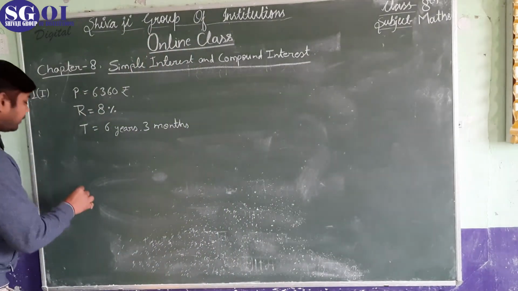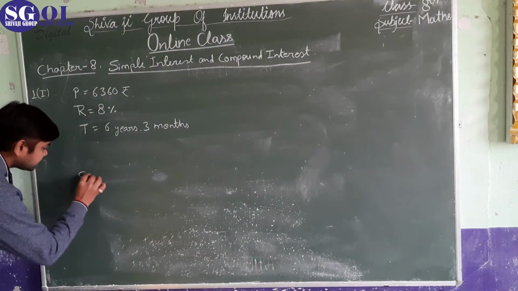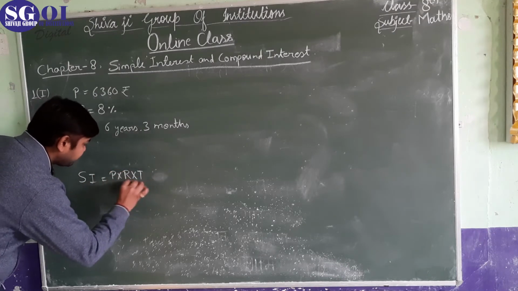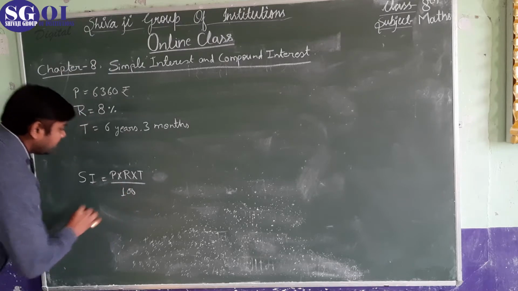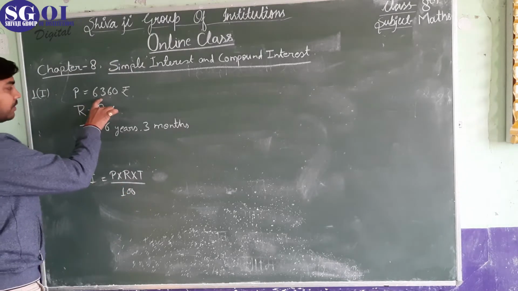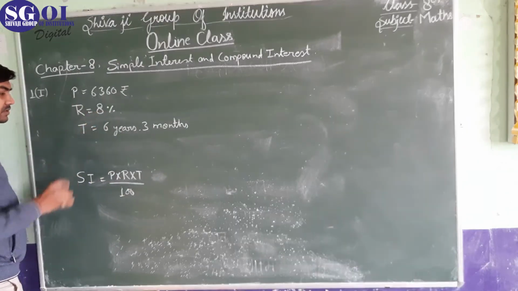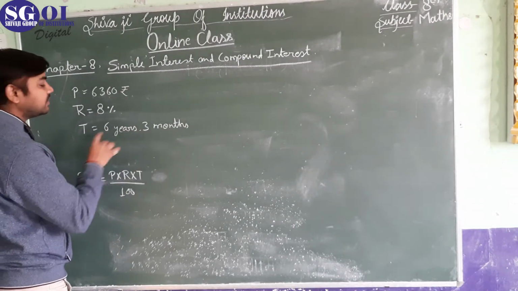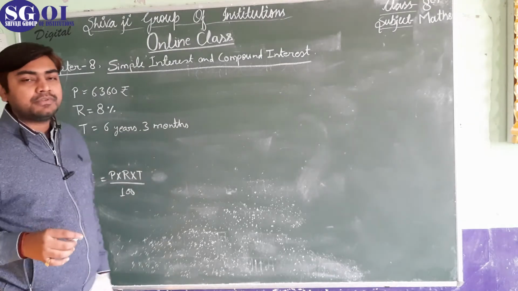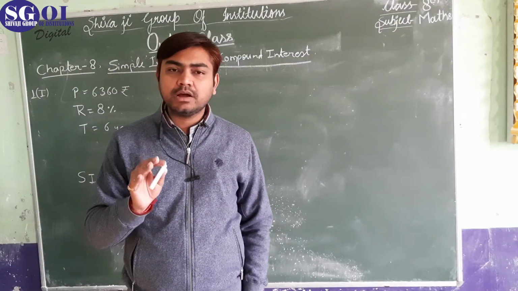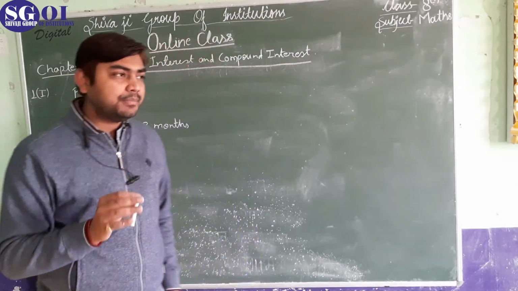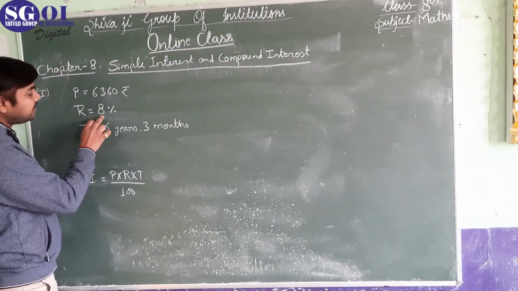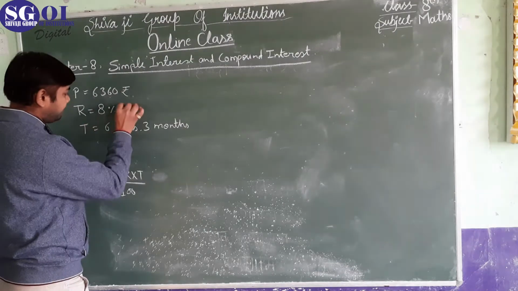Then what is the formula for simple interest? SI equal to P into R into T upon 100. We have the principal amount, the rate of interest 8%, and the time duration 6 years 3 months. First we have to convert the time duration into years, because the rate of interest is 8% per annum.